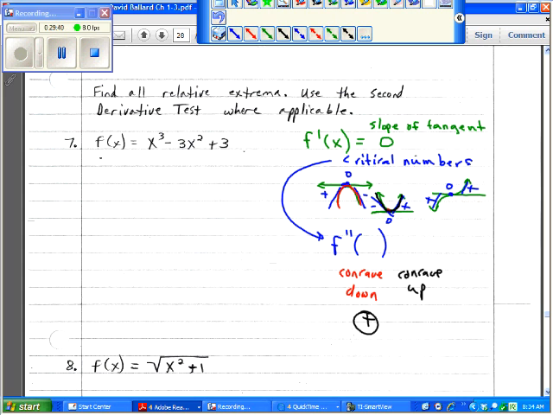And here, the second derivative is going to be, I got those backwards. At this point, the second derivative will be negative, and so it's concave down. At this point, the second derivative would be positive, so it's concave up. At this point over here, what would be true of the second derivative? It's a point of inflection.